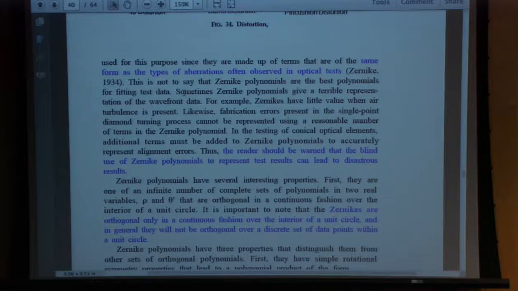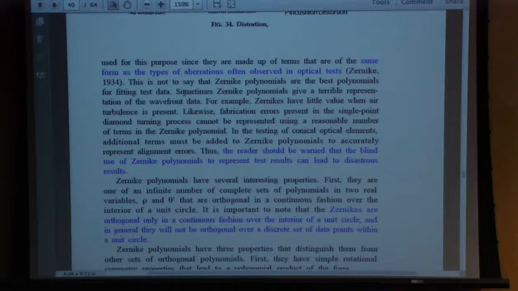I think in the early days of doing computer analysis of optical testing results, Zernikes became very popular because you typically would only measure a wavefront at a few points. Maybe 100 points would be a lot of points for measuring over the pupil. In doing the analysis, you really wanted to have more points than 100. So that's where people got used to using Zernikes to fit your data, and then it would be easier to work with.